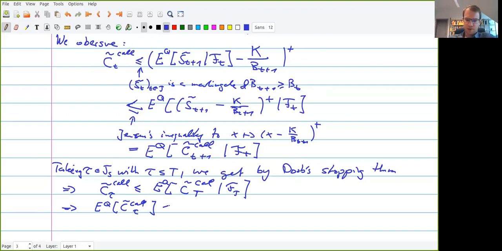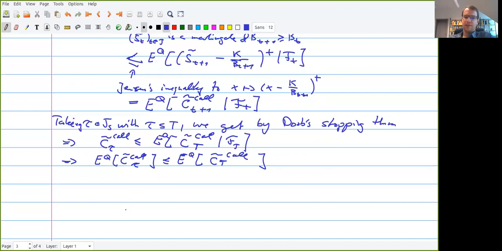Then we use the tower property to see this is less or equal than the expected value of the terminal payoff of the American option. So what we see here already is it doesn't matter which stopping time I take, the expected payoff of the discounted American option under the martingale measure Q is always less or equal than if I choose to stop at the terminal time.